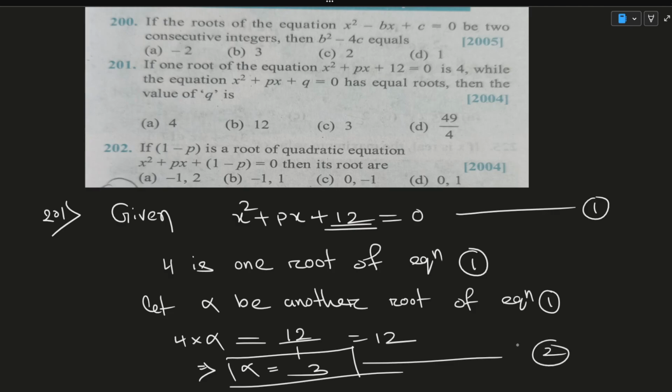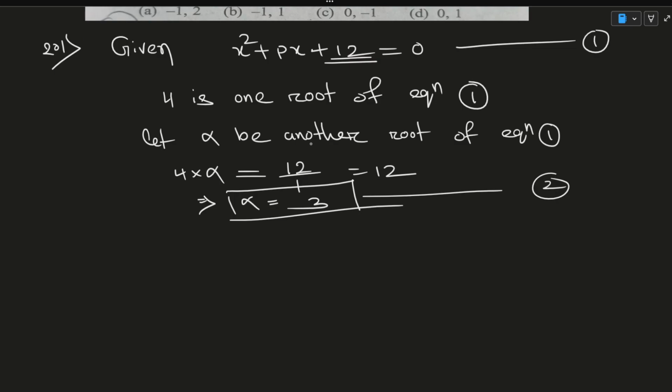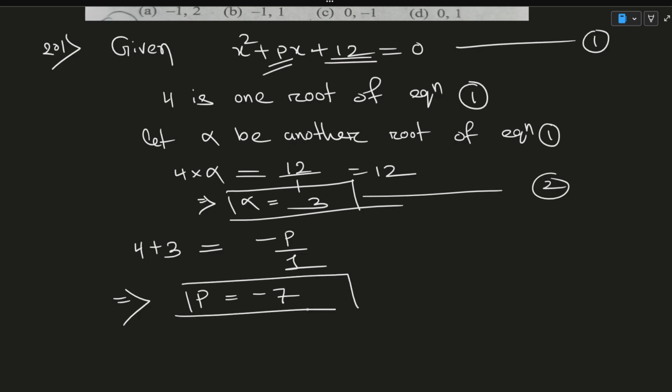Initially 4 was given as one root, and now we got alpha equal to 3 as the other root. Now we'll add. The sum of two roots is equal to minus b by a, and here we are given p in place of b, so it will be minus p by 1, which implies p will be equal to minus 7.